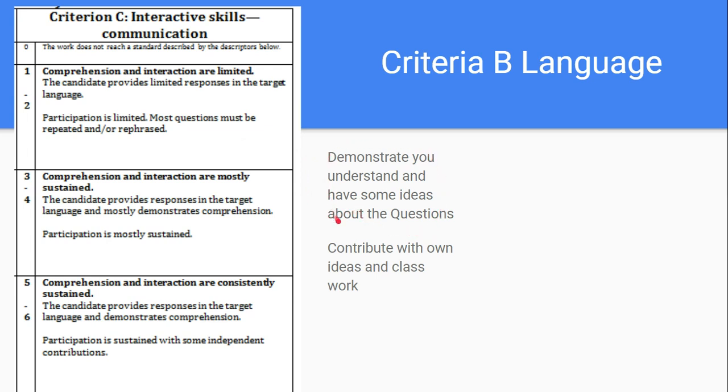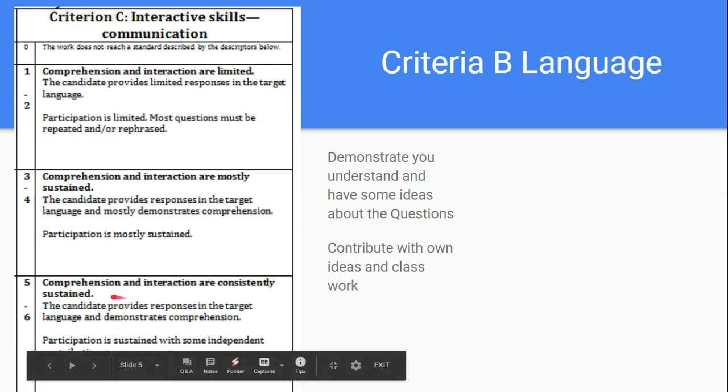Demonstrate that you understand and have some ideas about the question, because that means that you can provide a response in the target language, and demonstrate comprehension, so that you understand what the question is about, and you also contribute your own ideas and class work.